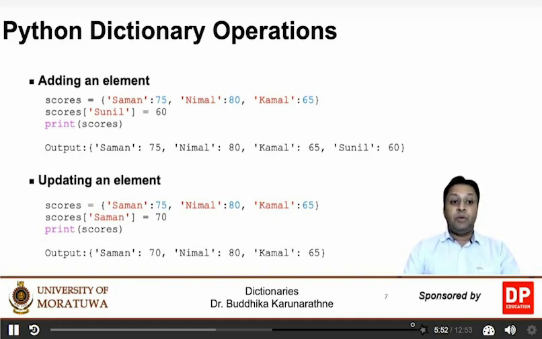In the example at the bottom, we are adding a new key value pair in which the key is Sunil and the value is 60. We can actually update existing values in a similar way as you can see in the second example. There, we update the value corresponding to the key summon to 70. Notice how we can update the values inside the dictionary.